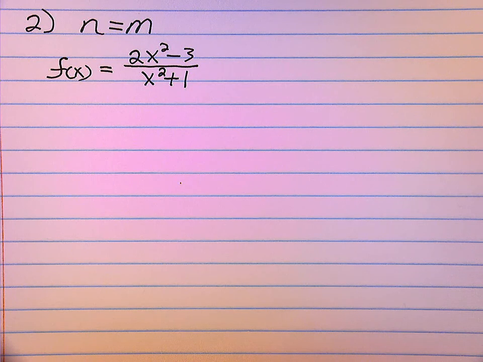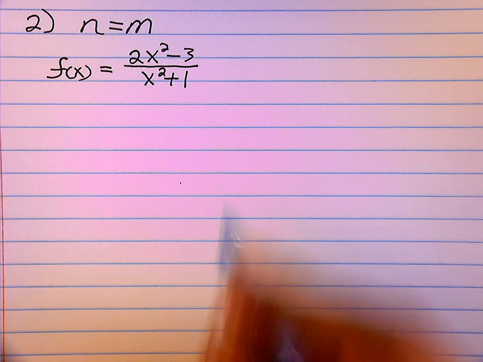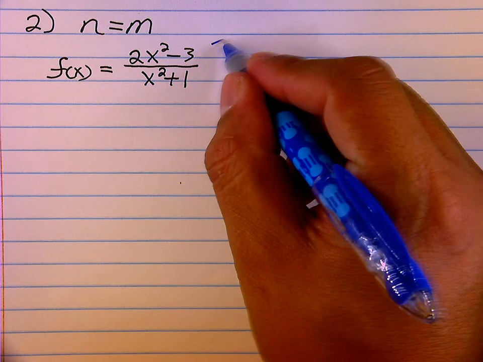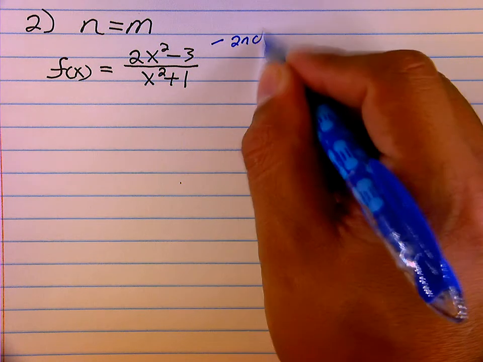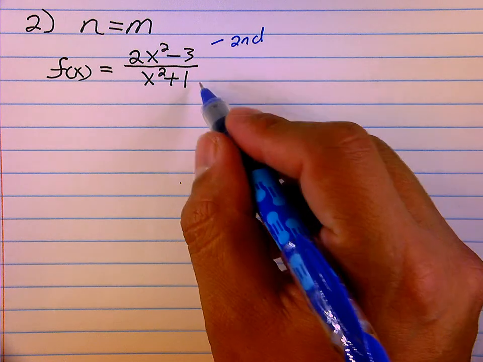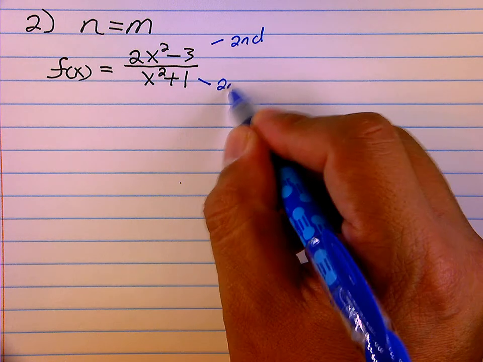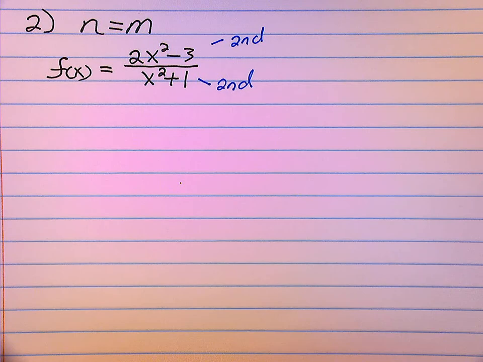This is when the degree of my polynomial in the numerator is the same as the degree of my polynomial in the denominator. Notice, my numerator is a second degree polynomial. My denominator is also a second degree polynomial.